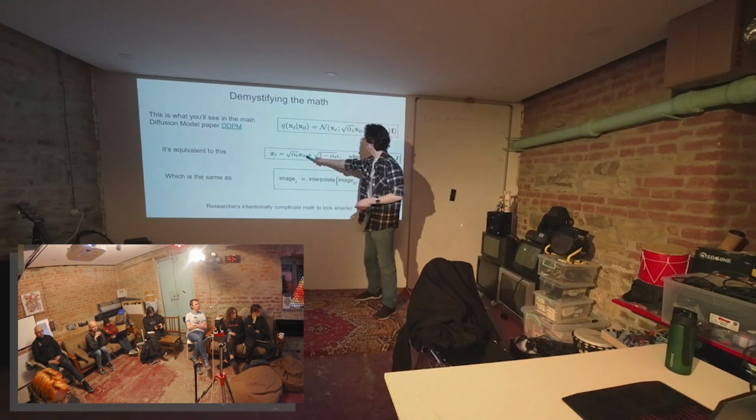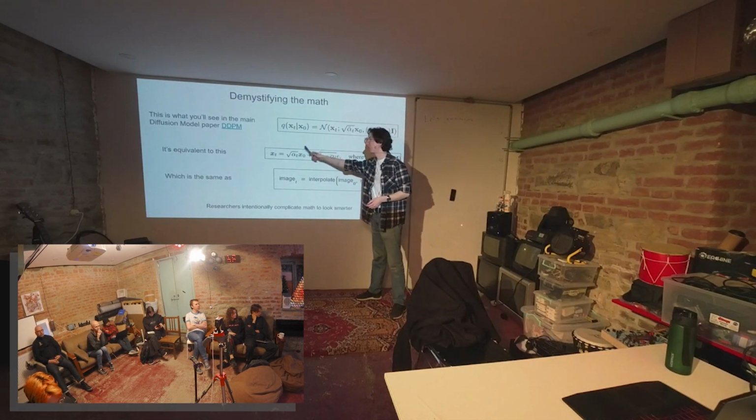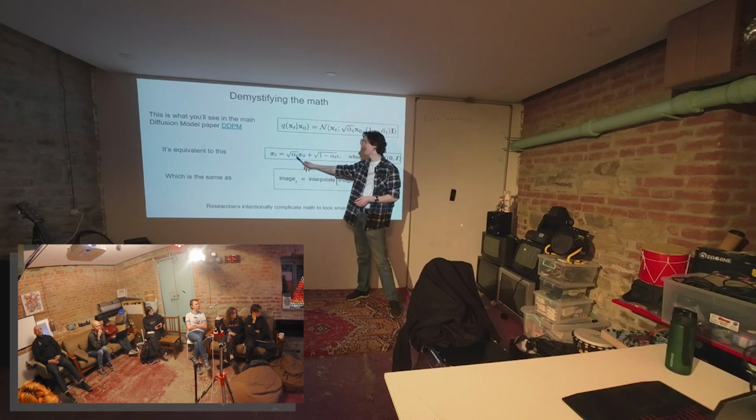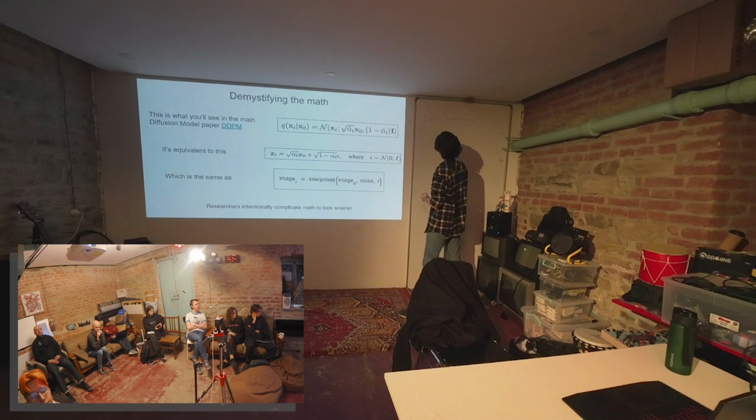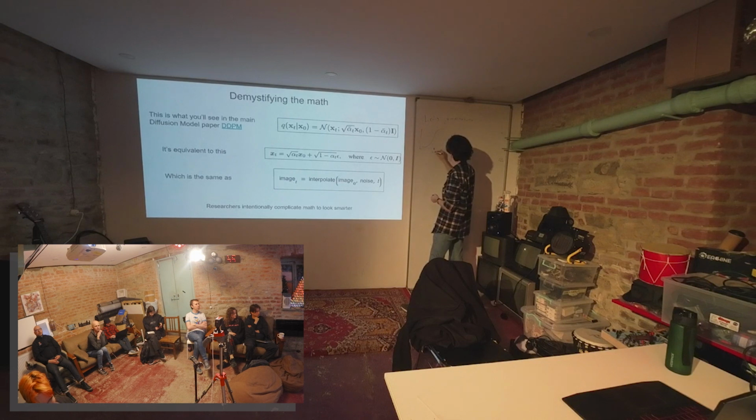We took this image and we took this noise, and we interpolated them with this level. So alpha t is basically some kind of curve, right? For example, we have t equal to 0.5, and alpha t is some value here. Different implementations have different curves like this, and you can choose.